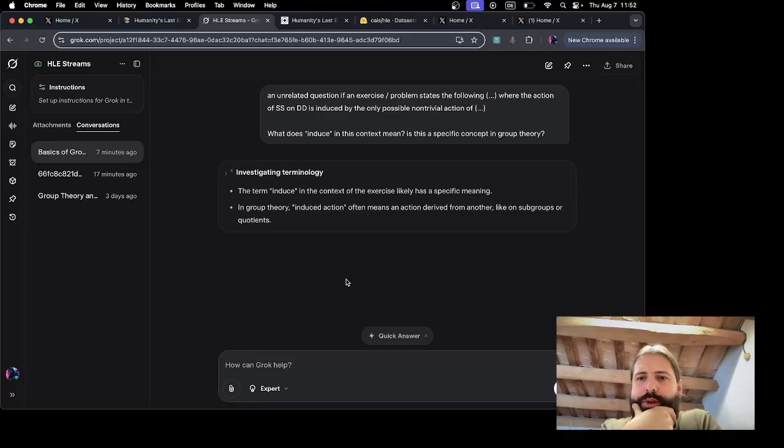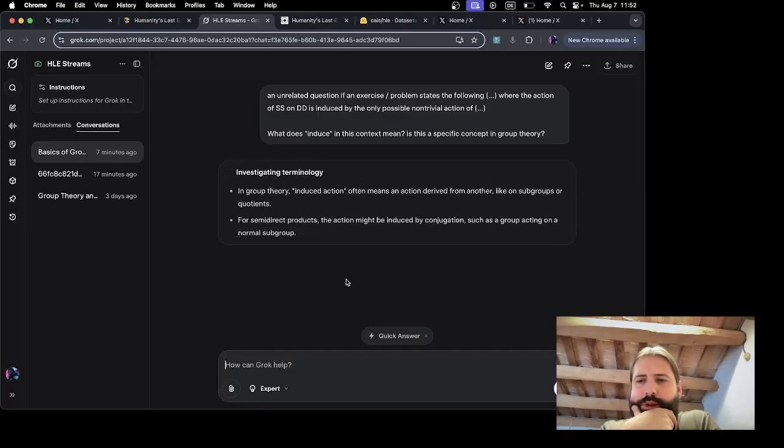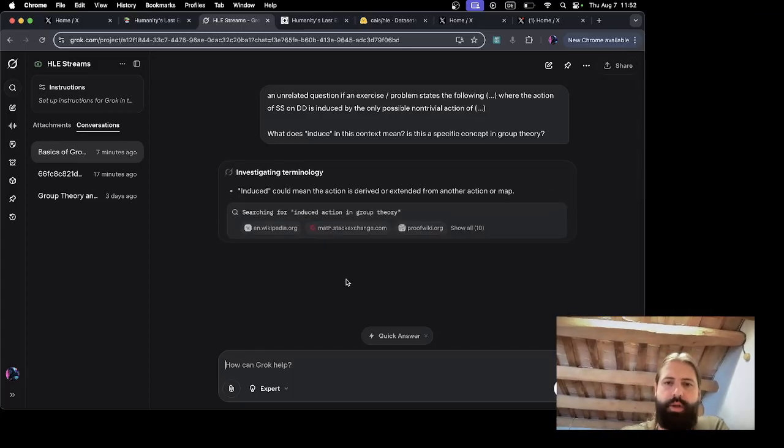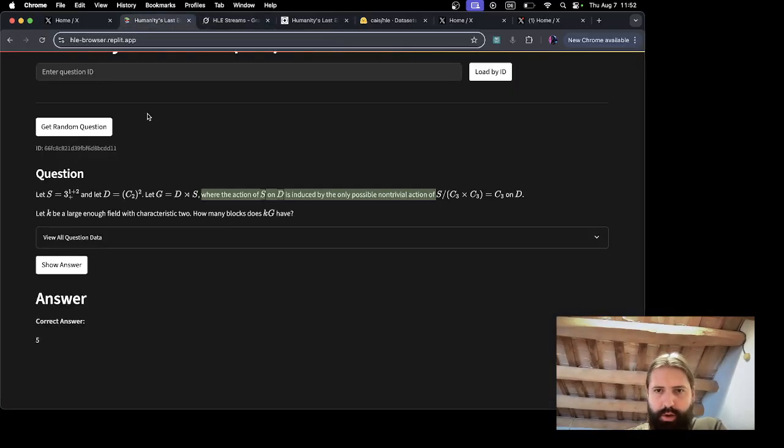Induced action, an action derived from another. Okay. So it does mean something. That's going to be difficult to unpack.